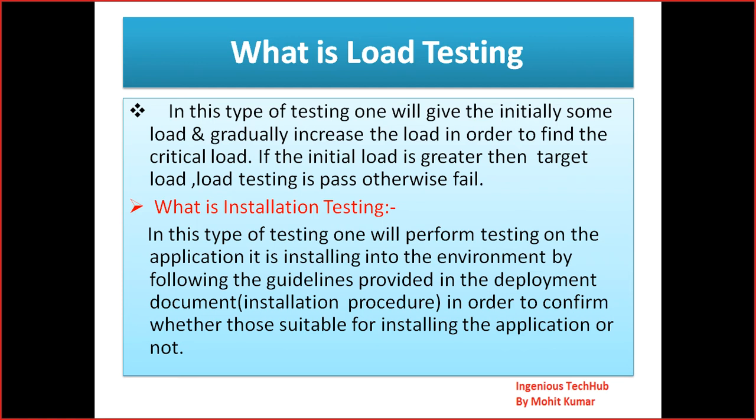But I suggest that if you are in functional testing, go to automation. That is a very good step if you know the end-to-end process. In the future, if you get the opportunity to work on performance testing or anything else, you can do it, not a big deal.